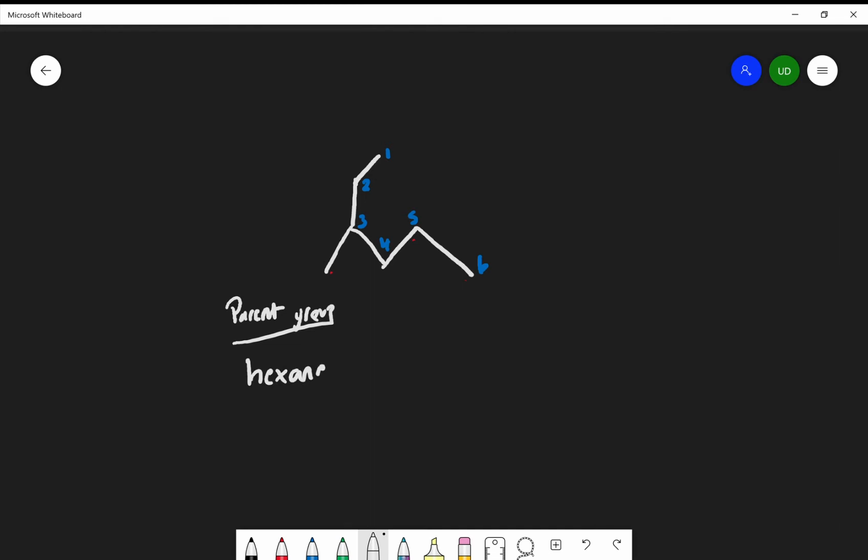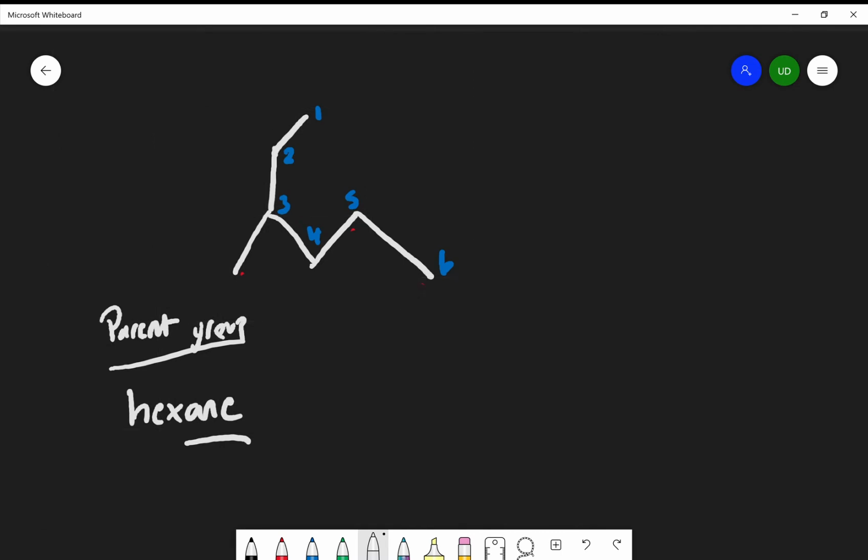Again, if there was a functional group, this would be different, but there isn't. So our parent group is hexane, and now we have our first substituent on carbon number 3. And on carbon number 3, there's only 1 carbon there, so it'd be methyl. So it'd be 3-methyl.